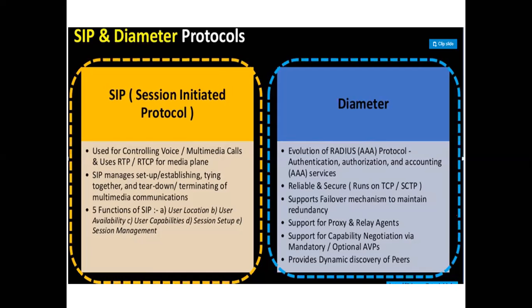Every 20 milliseconds this packet is created by the UE, both sender and receiver UE. Every 20 milliseconds one RTP packet is created in which whatever I'm speaking is stored in the form of AMR.